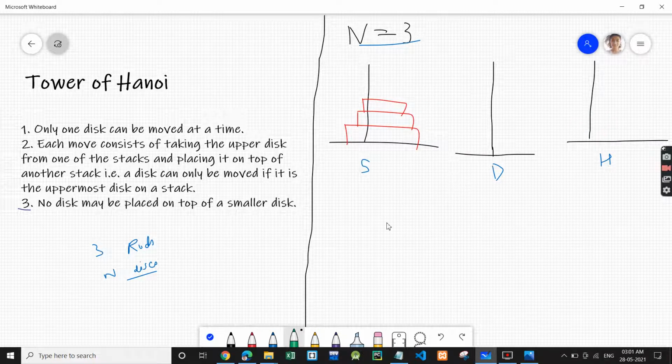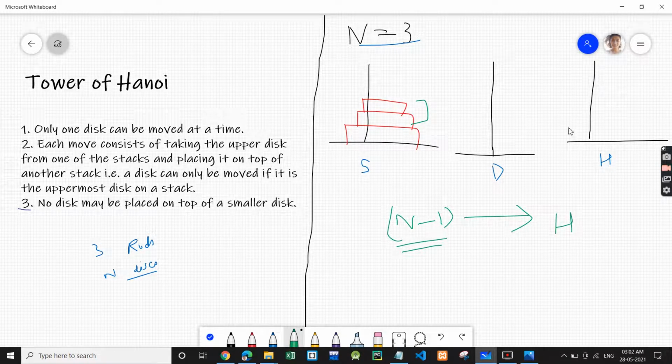So what we can do is assume that these n minus 1 disks are placed on the helper.